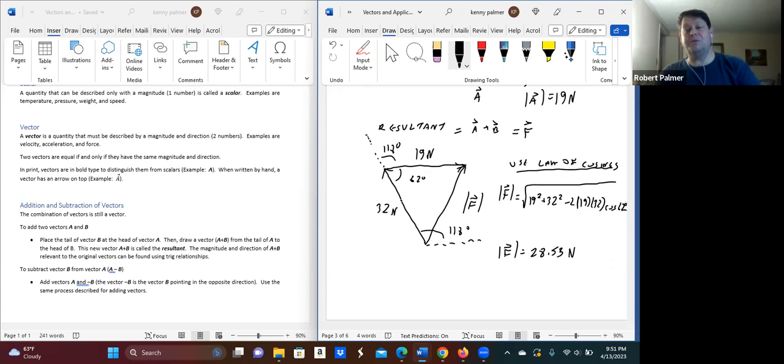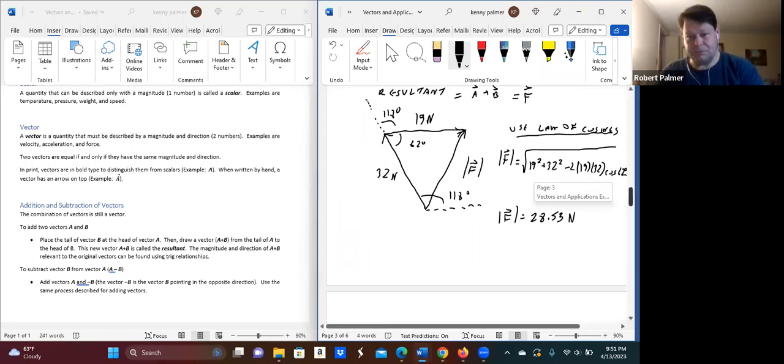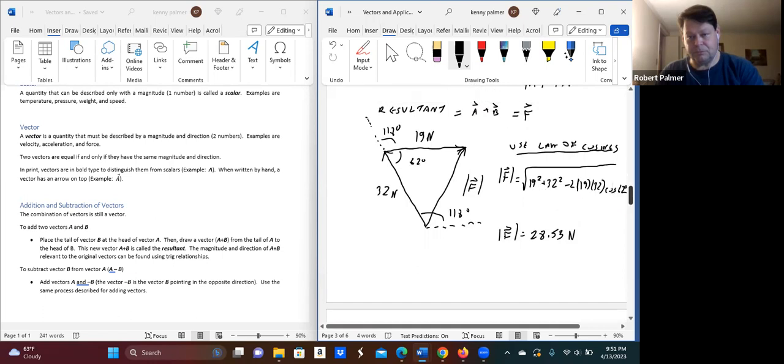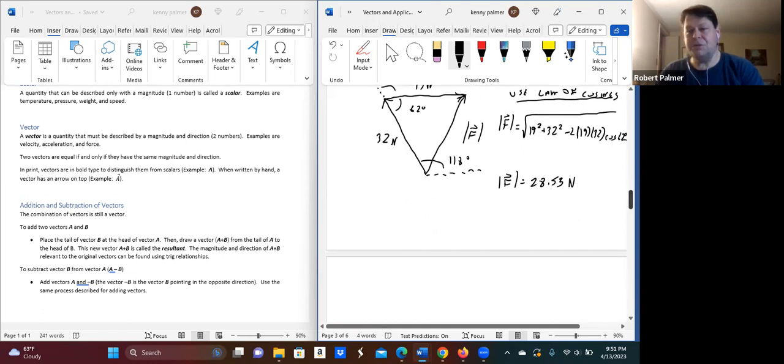So these two forces, one pushing this way and one pushing this direction, the net result of those, adding them together, is moving that direction with that force. Okay. All right. So then we're able to find what that is. Okay. Now let's also do one more thing.